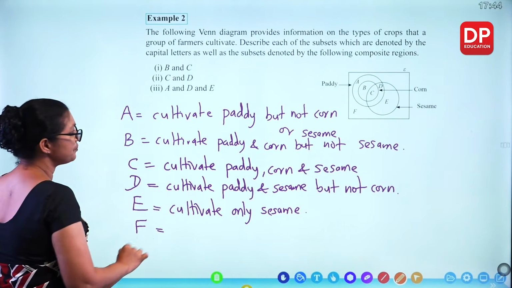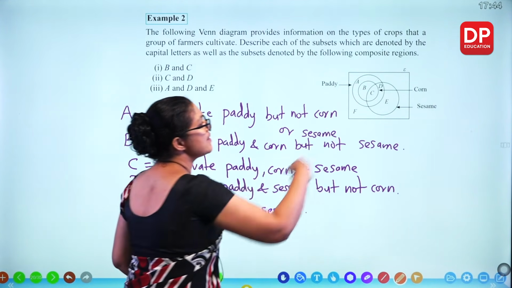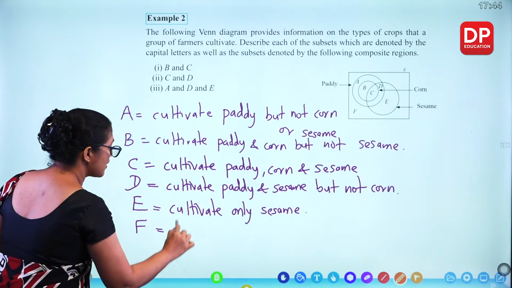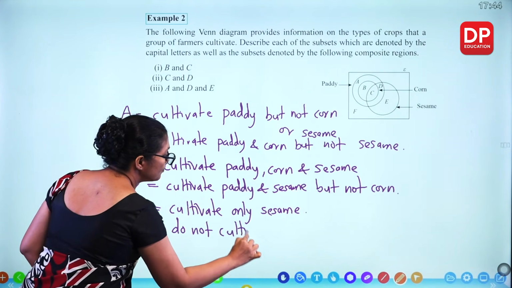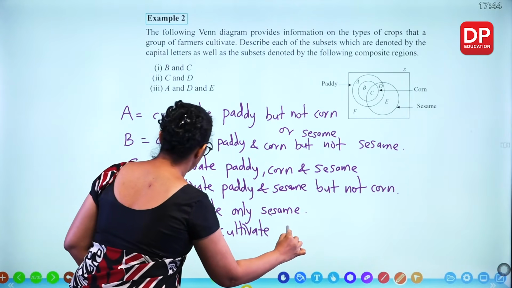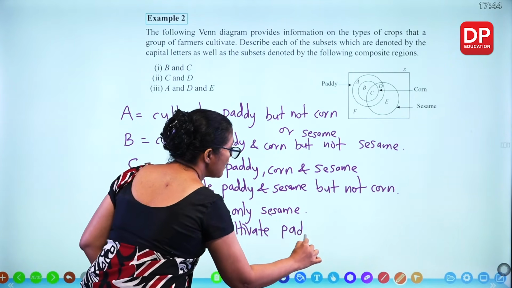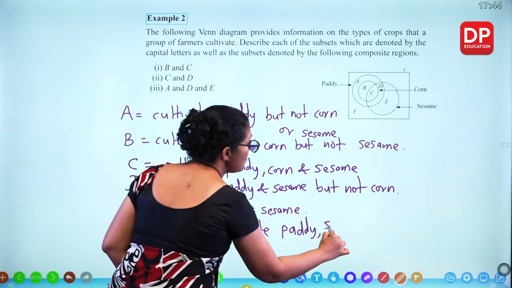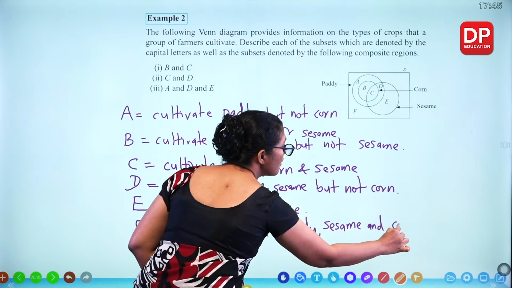F is outside all these three regions. Do not cultivate any of these above three. So that means do not cultivate paddy, sesame and corn.